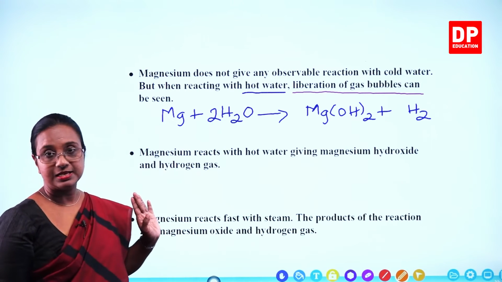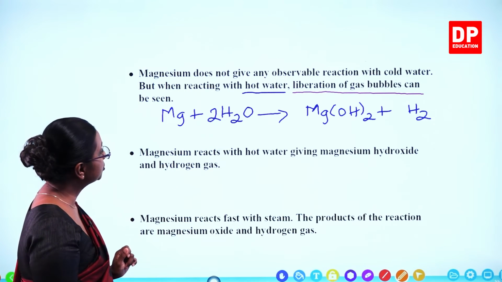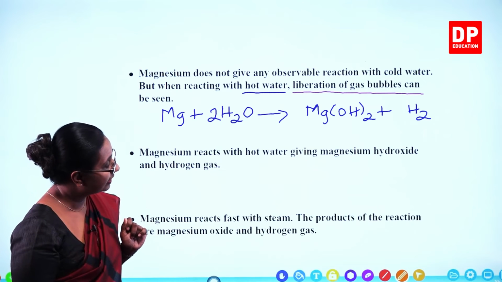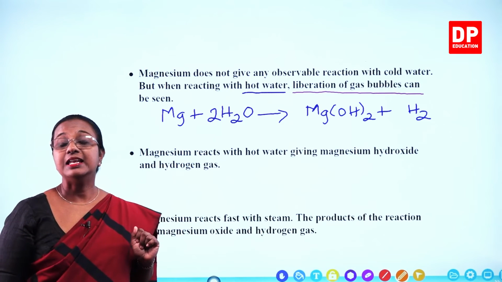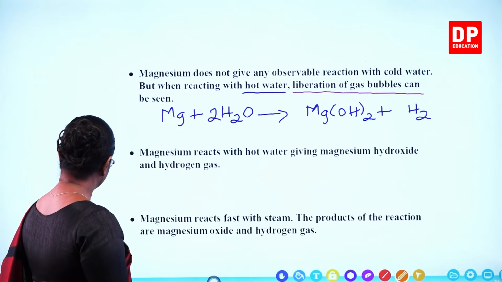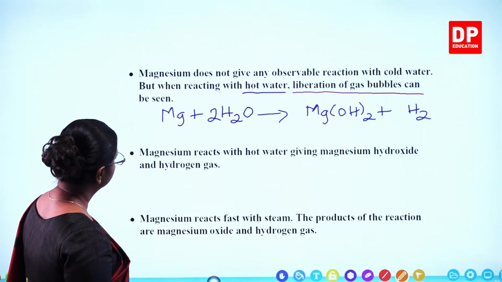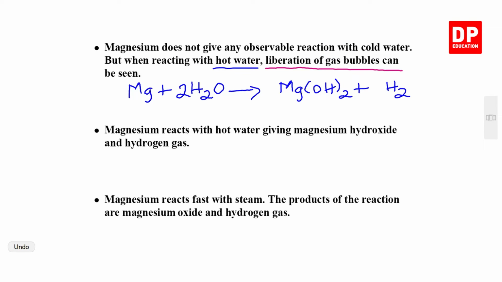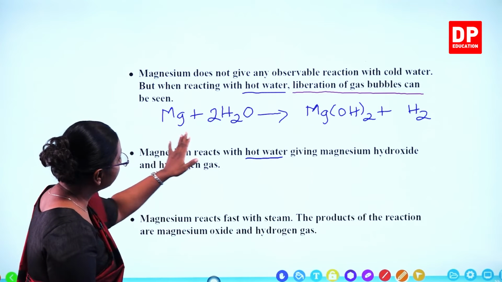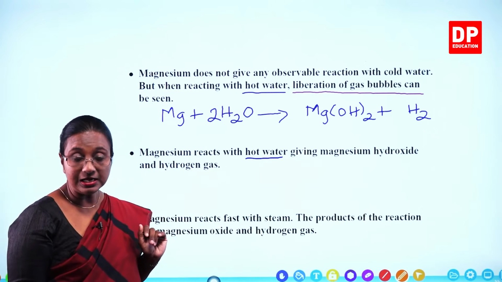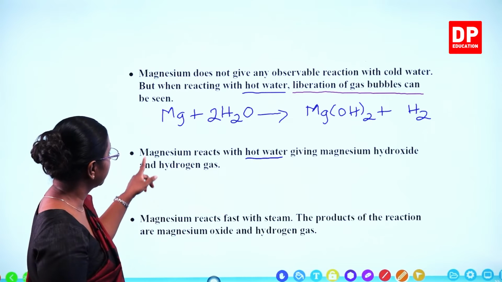So it's balanced. Magnesium plus 2 H2O gives rise to magnesium hydroxide and H2. So that is the reaction. So magnesium reacts with hot water giving magnesium hydroxide and hydrogen gas. That is this reaction. So I have already written the balanced chemical equation for this reaction.